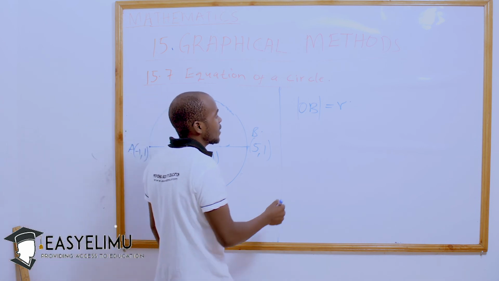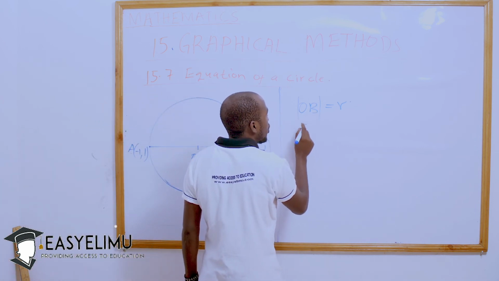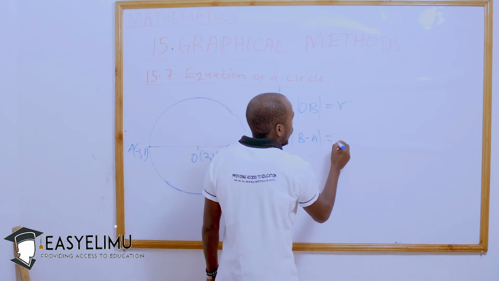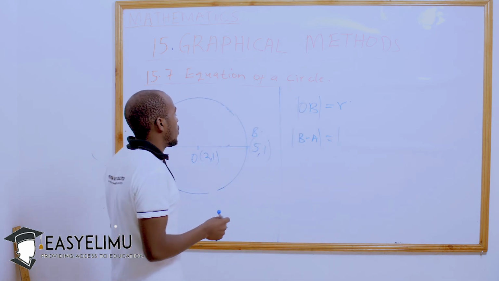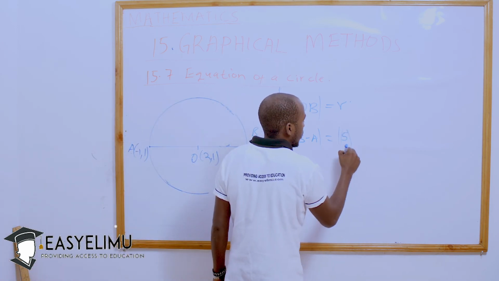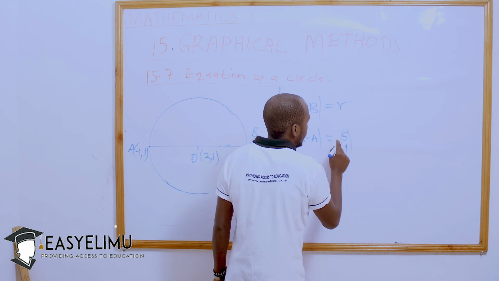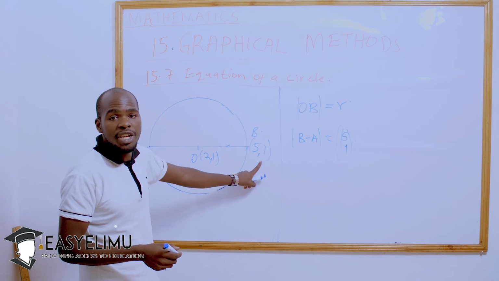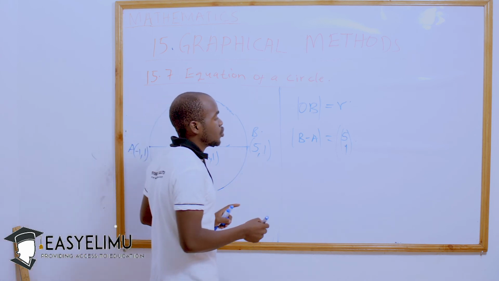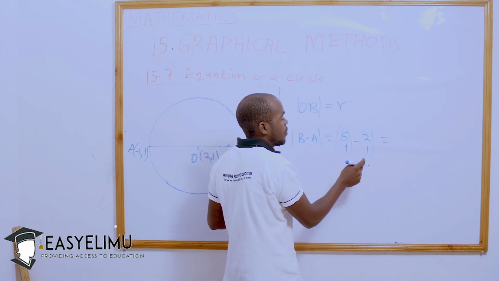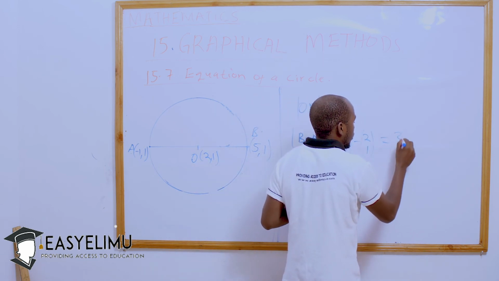If that is the case, we shall find OB, which is the same as taking the modulus of B minus O. B is (5, 1), written as a column vector, and O is (2, 1), so we shall subtract (2, 1), and we find that it will be (3, 0).